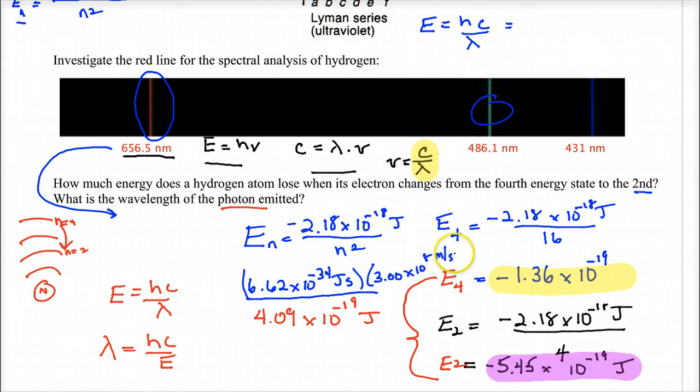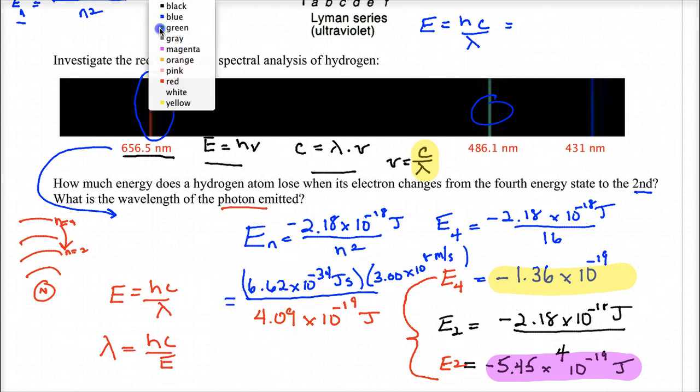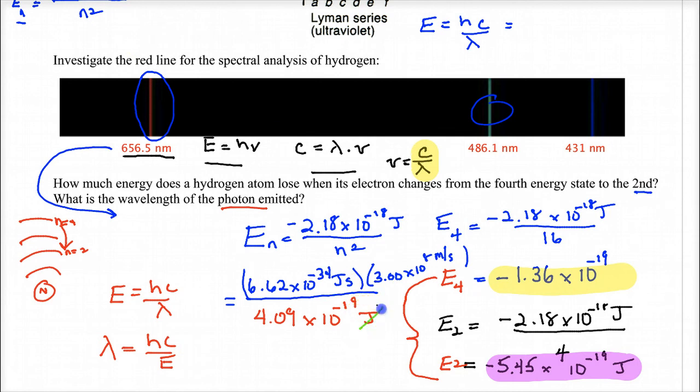Noticing that the joules are going to cancel, and the seconds will cancel, and we're left with meters. That makes sense to us because we're solving for a wavelength.